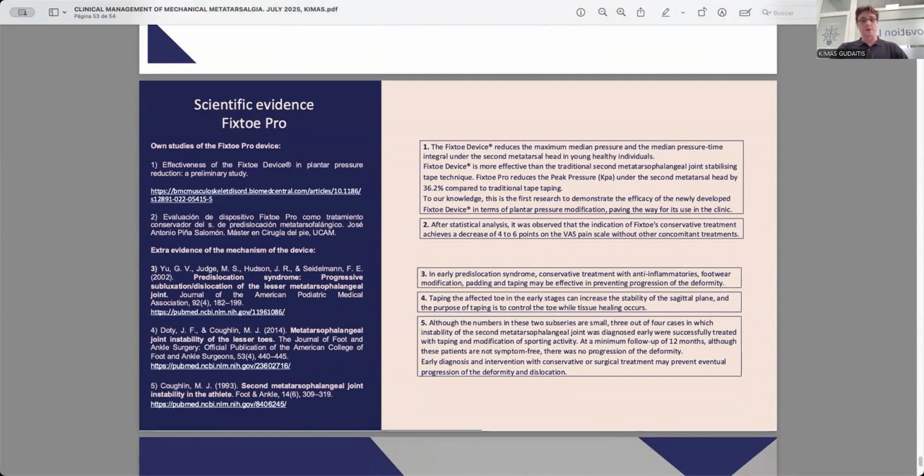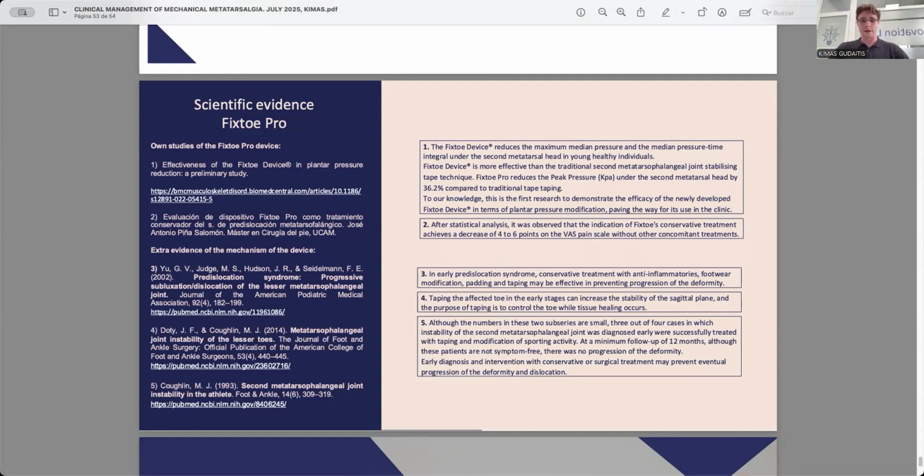Now we are coming to the end, and for those who are more curious, here is some of the scientific literature that supports what we have discussed. There is a study conducted by professor Angel Orejana and part of his research team, where we found that the Fixtoe Pro device reduces maximum pressure under the second metatarsal head by 36% compared to traditional taping.